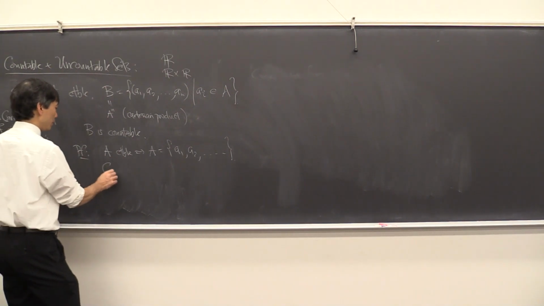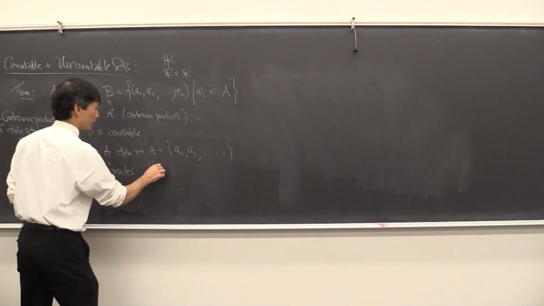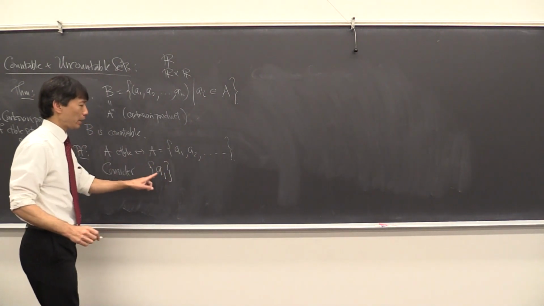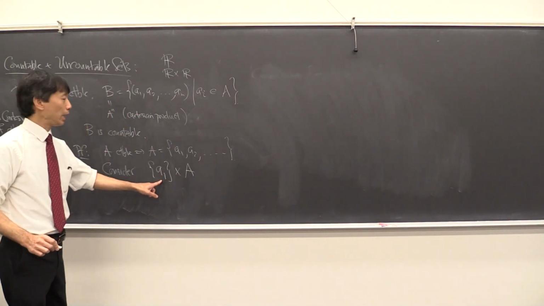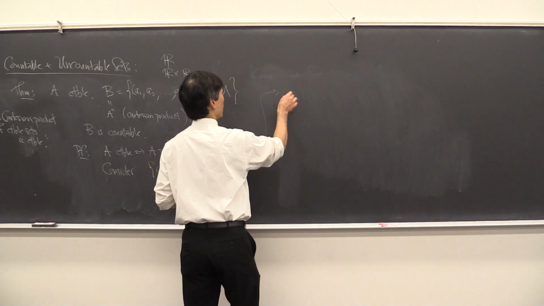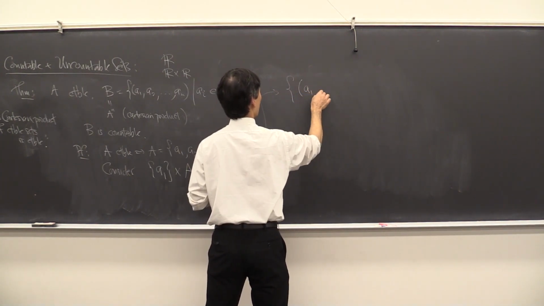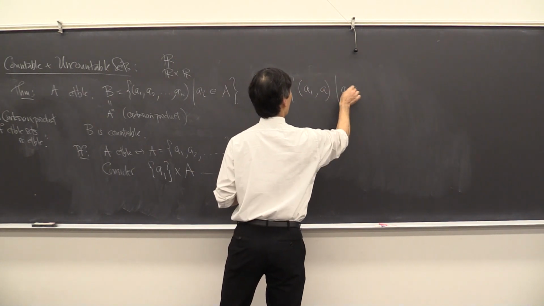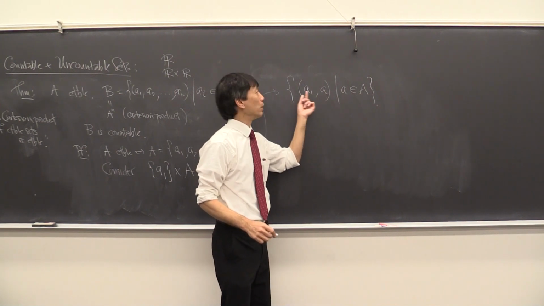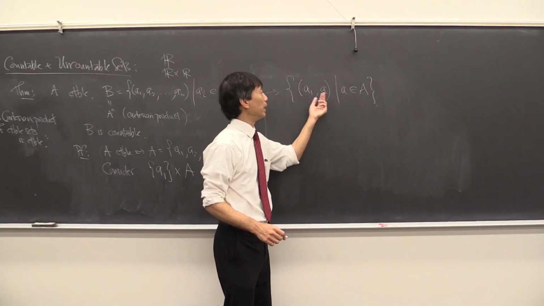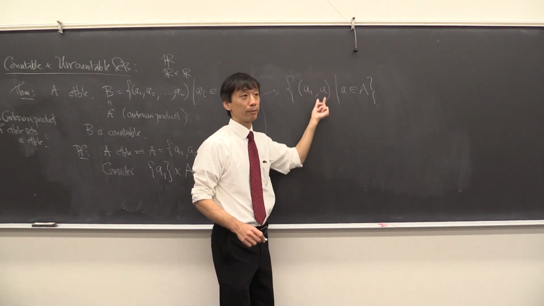So now consider the Cartesian product of just A1 cross A. We're just looking at pairs where the first element is A1, and the second one is anything. So you've got a fixed first element, and the second element ranges over all of A.